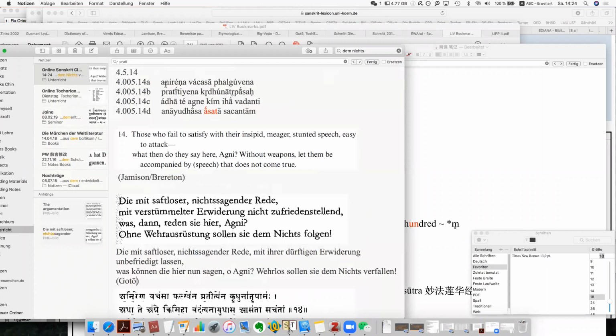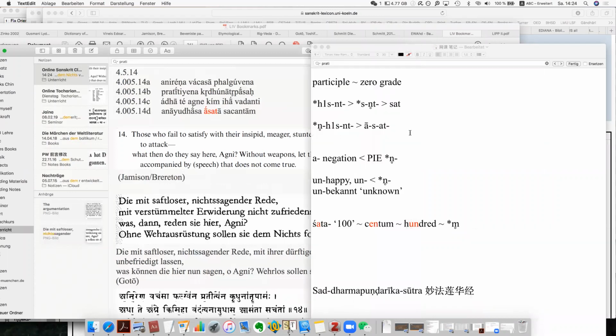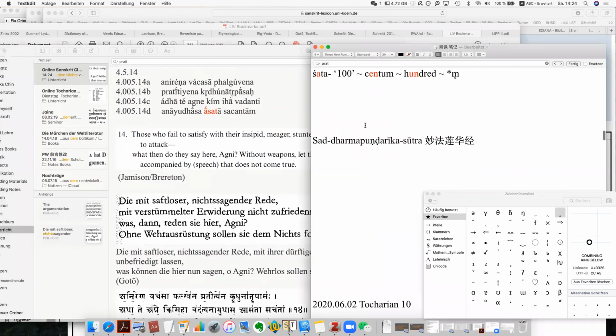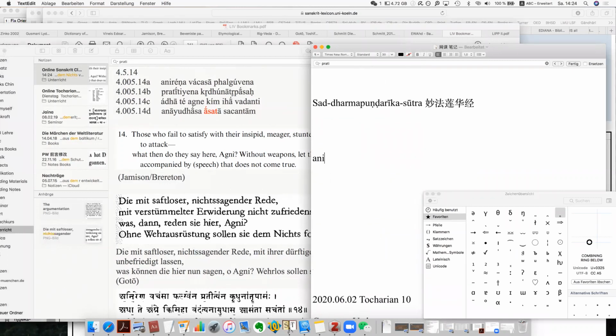So let's check the versions. So anirena actually comes from a plus ira. Yeah. And this is instrumental. So we analyze it. So anirena. This is instrumental singular of anira.